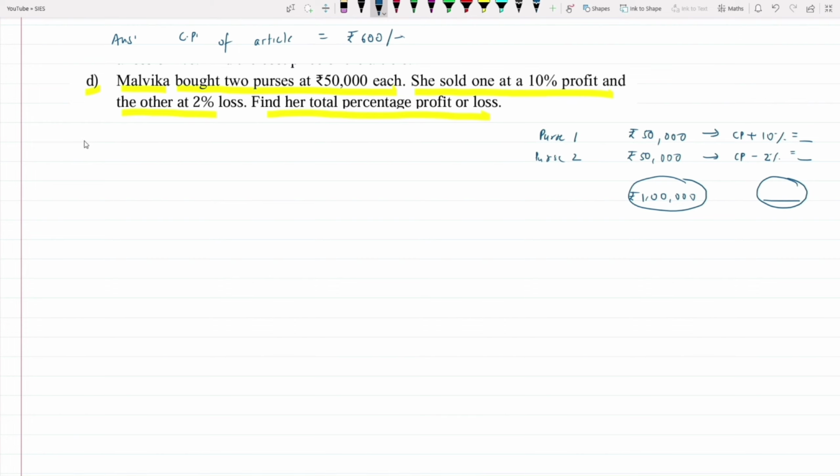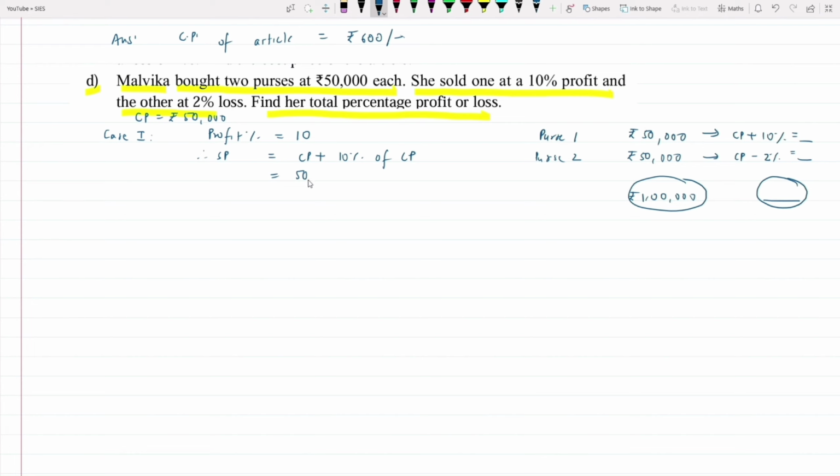So again, we are going to just say case 1 and case 2, since there are two transactions which are involved. So cost price for both is 50,000 rupees. Now in case 1, we have a profit percentage of 10. So the selling price is going to be CP. I'm sorry, this is not 100, this is 10. So CP plus 10% of CP.